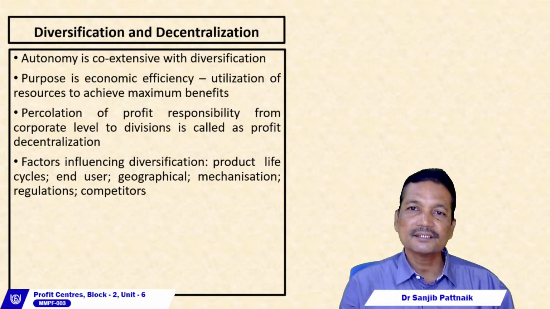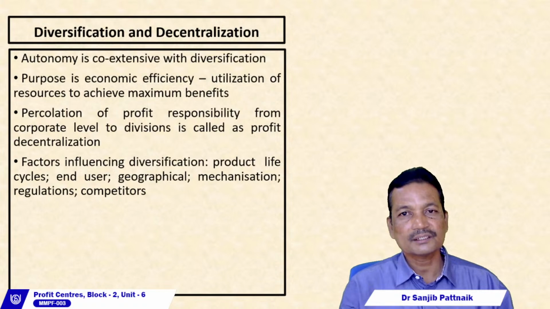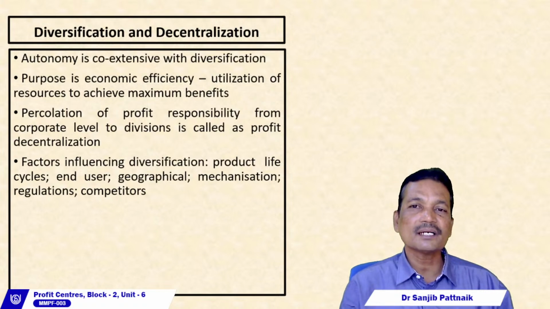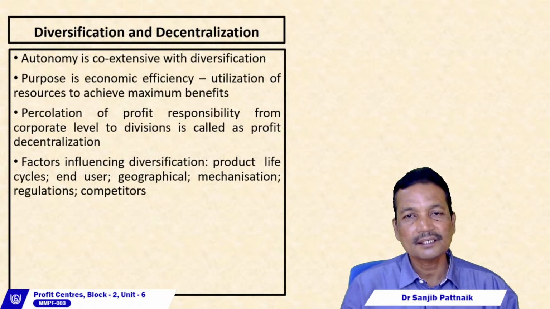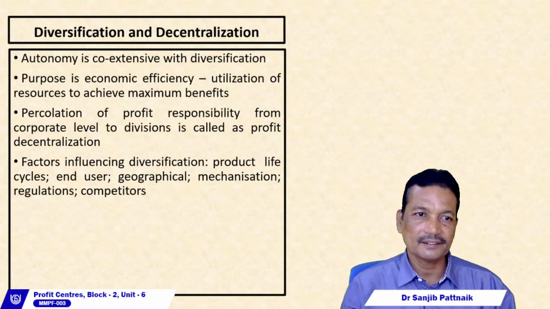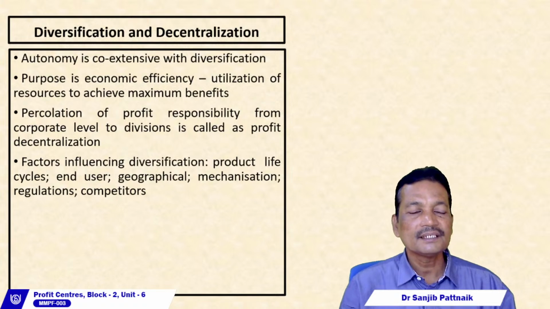Similarly, how much is the influence of the top management on the decision making, as well as the ability of the manager as visualized by the top management. Now, this autonomy is coextensive with diversification.